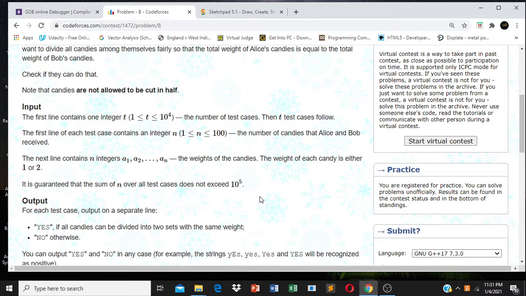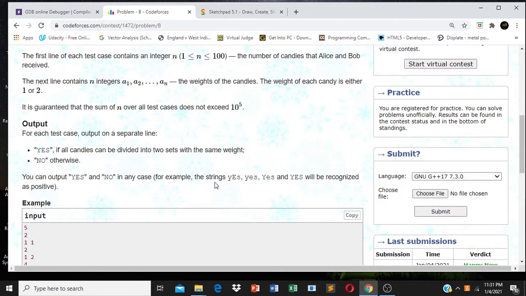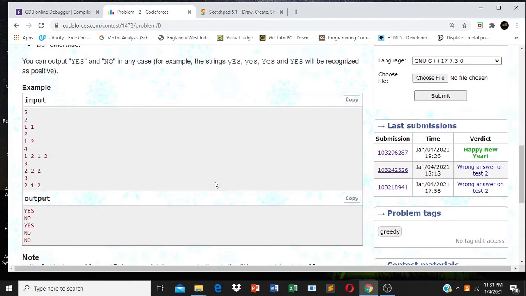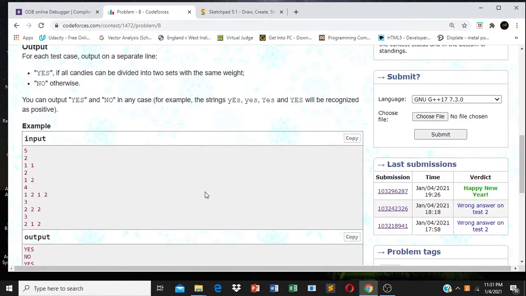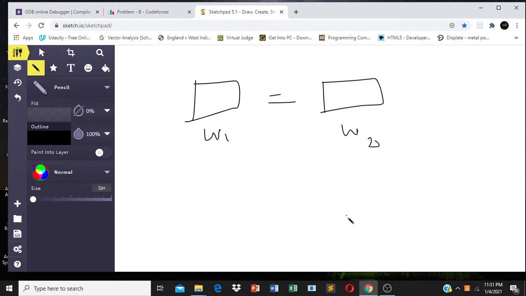Now the values are what? The values can be either 1 or 2, right? First of all, we need to understand what they are saying. The first observation is that they said we have to make two equal weights. So if this is weight 1 and this is weight 2, we need to make them equal, right?